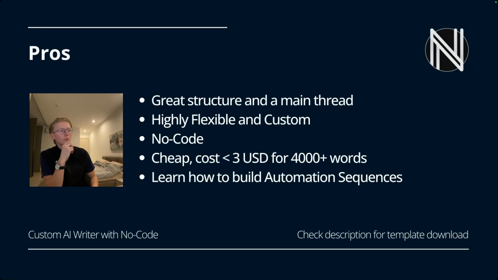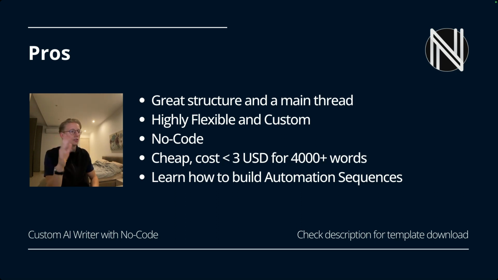And the biggest pros for this, I think, are the structure and the main thread through the whole article compared to many other AI writers, and that it's highly flexible. You can switch out the AI models and where you post it, and add image generation or video generation later. Just flexible and adaptable.